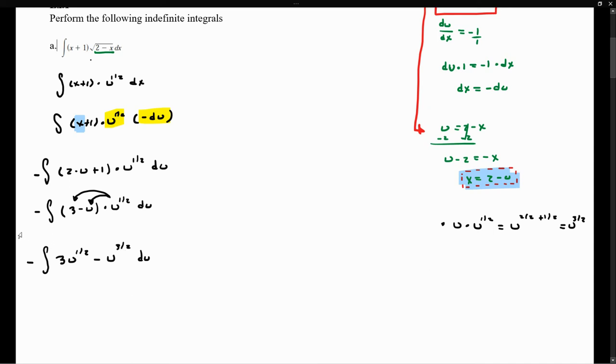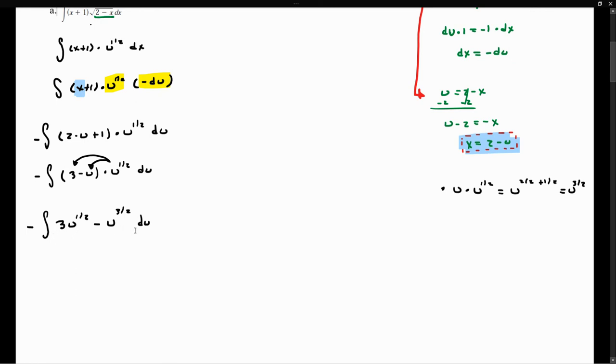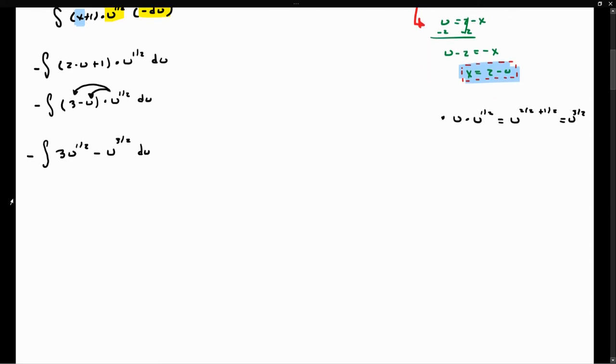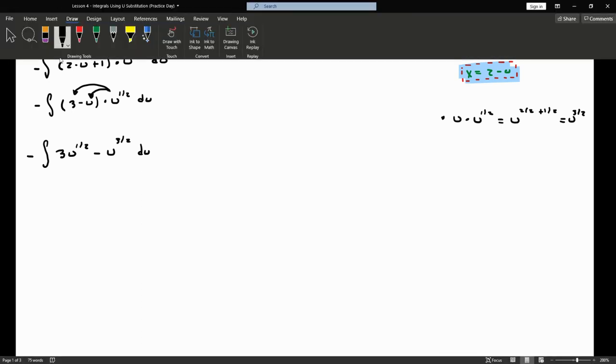This is good. This is nice, because now notice that the whole problem is written as a polynomial. The whole problem is written in terms of u's and even the derivative. Now that we have it in this form, now we can perform our rules of integration. So notice that here I have two terms. I have the term 3u^(1/2) and negative u^(3/2). Remember that when you have different polynomials, we can just take the integration one term at a time.